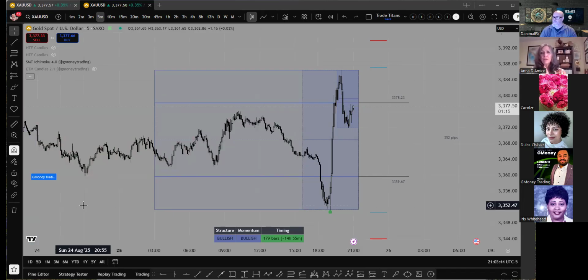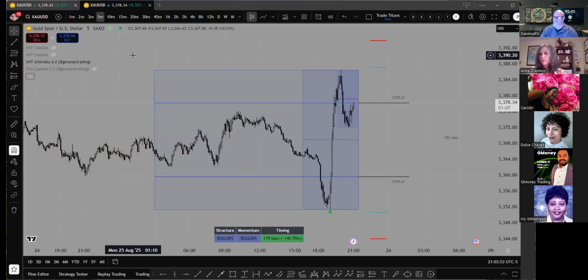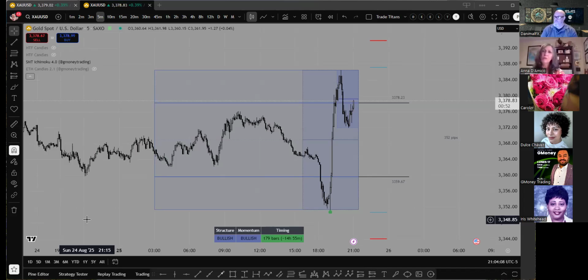Okay, so the structure would be the big box, right? Big box is structure. And then the momentum is the other two smaller ones. So the momentum now is the small box and the medium box on the 5 minute time frame.